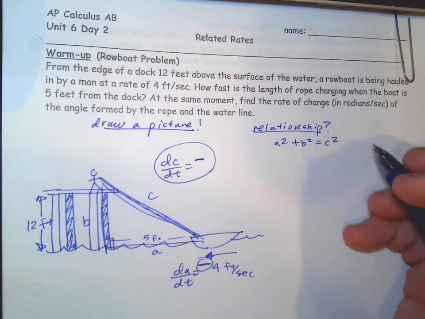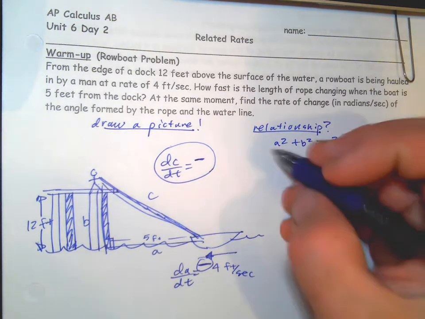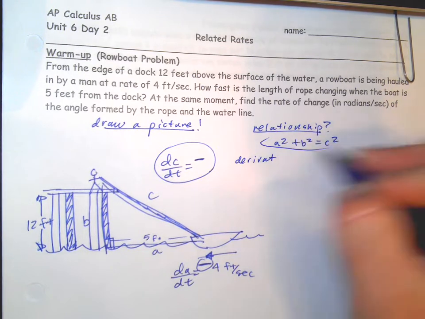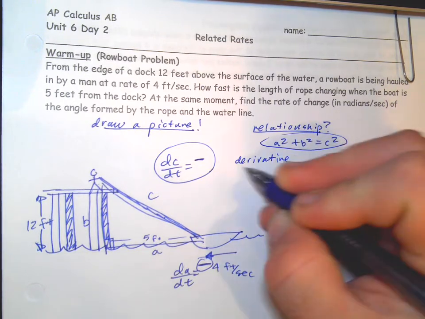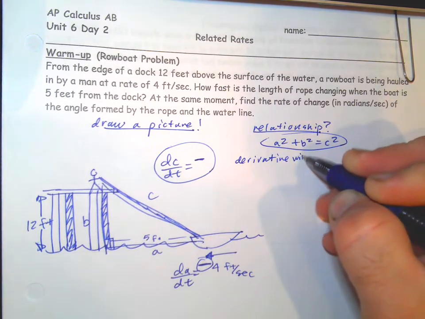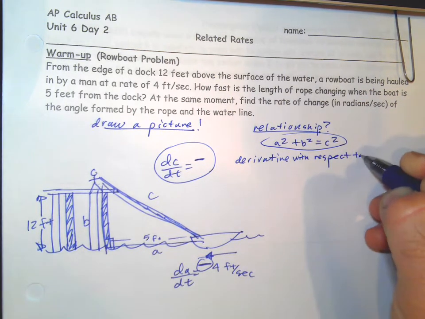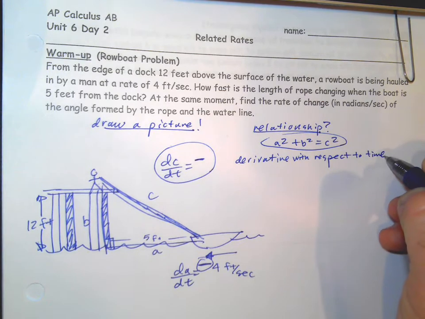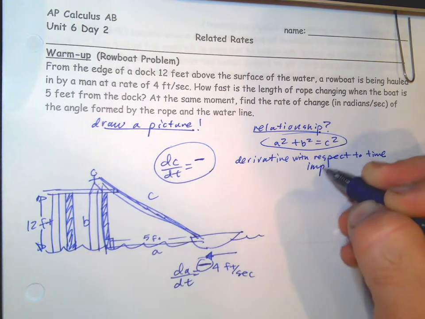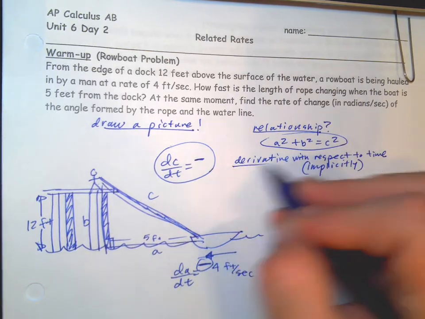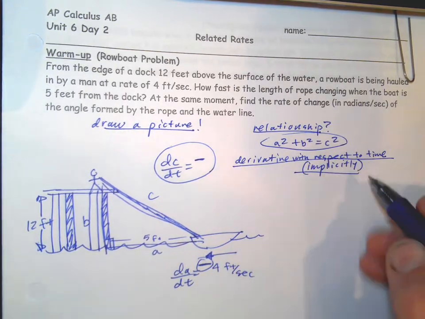And so then we're going to take the derivative. Next step is, so you find the relationship, then you got to take the derivative with respect to time. This is what we do on every single one of these problems. And you got to do it implicitly, because A, B, and C don't have any time in them.